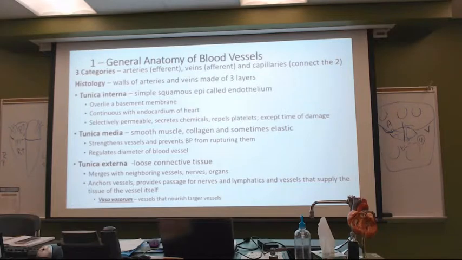It's the structure for a lot of things in the body. It helps to strengthen those vessels and helps those vessels to withstand the pressure of blood leaving the heart because it's under pressure, okay? The external tunic is loose connective tissue.